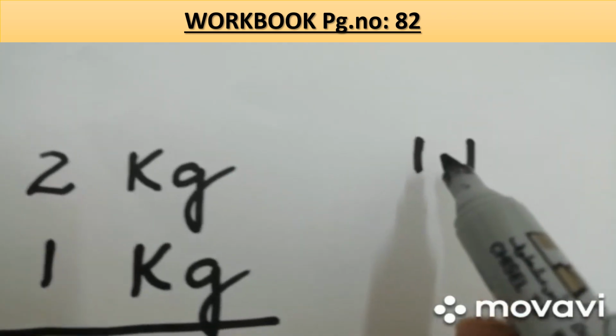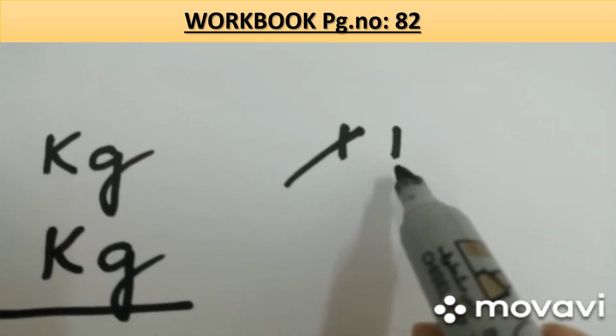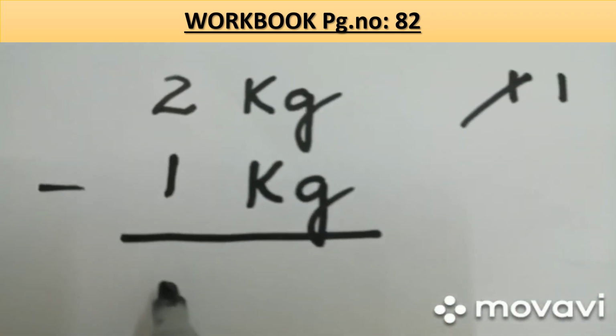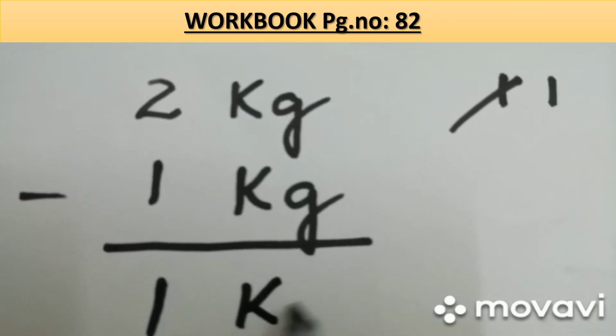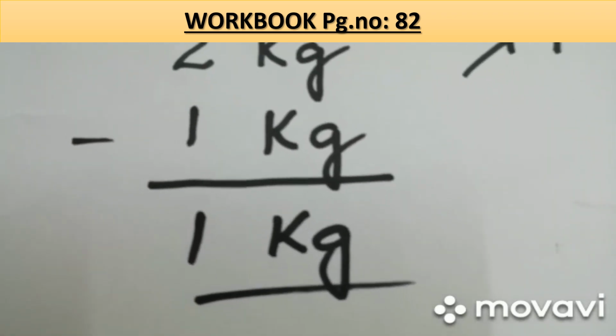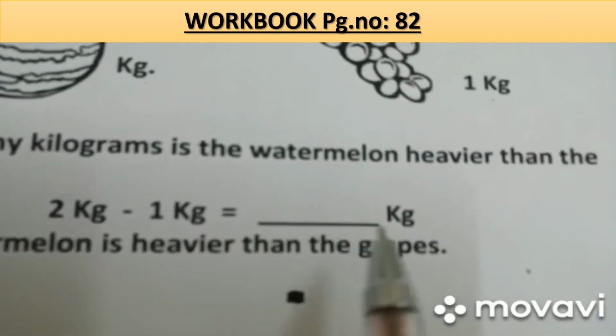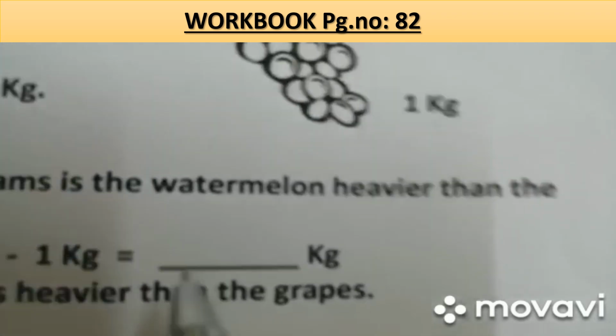That means I have to cut, I have to take out 1. I will cut 1. So how much left here? 1 kg. Okay, how much is left here? 1. That means 2 kg minus 1 kg is equal to how much?